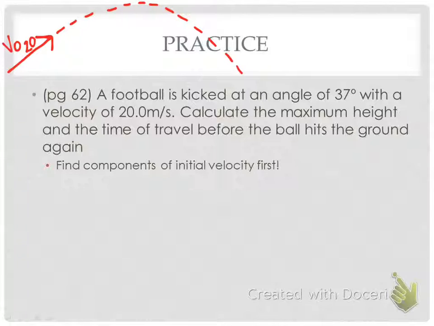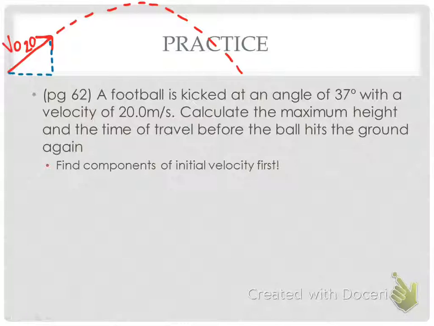Does v sub o fit in anywhere in our projectile equations? Just plain v sub o? No, it doesn't. We have to break our initial velocity vector into its proper components. Okay, that's why we did so much work with components before projectiles.